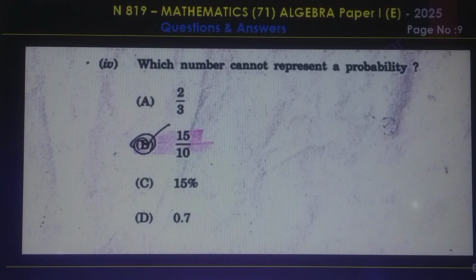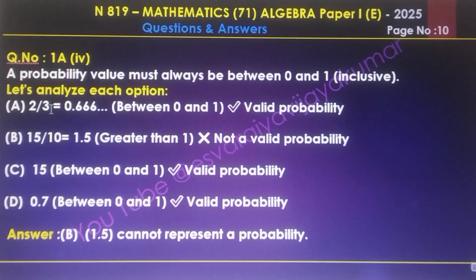Question number 4. Which number cannot represent the probability? The answer is 15 upon 10. The explanation: A, 2 upon 3 equal to 0.666, between 0 and 1, is a valid probability. 15 upon 10 equal to 1.5, greater than 1, is not a valid probability.